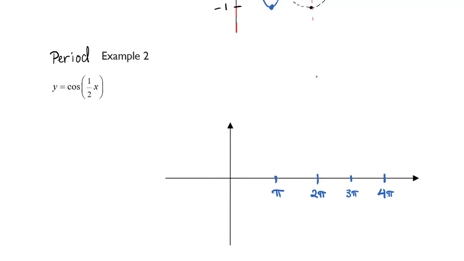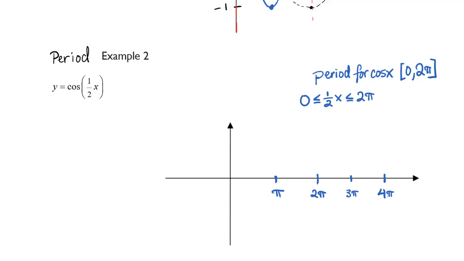Now again, the period for a standard cosine function, cosine of x, is just on the interval from 0 to 2 pi. So if I want to find out what the period is for cosine of 1/2 x, that's saying that I take 1/2 x and I set up my inequalities for a standard period and then solve for x.